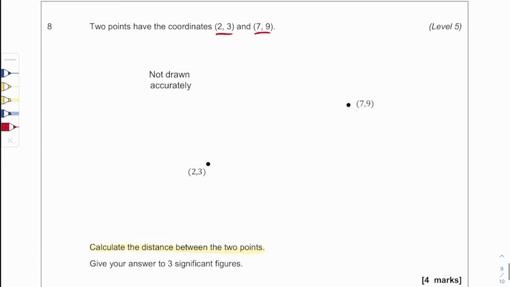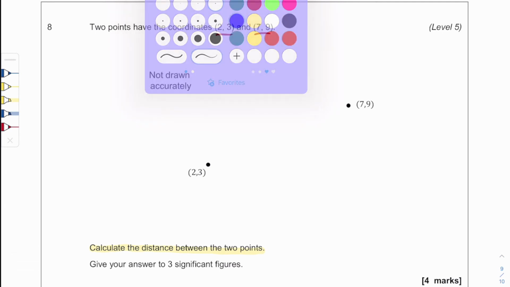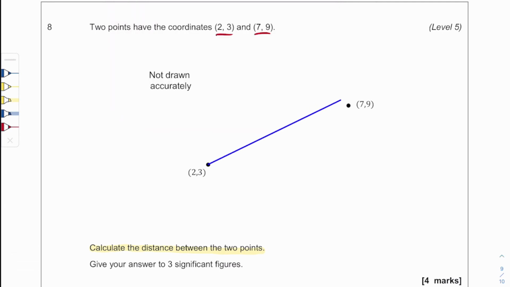Right, okay. So the distance that we need to calculate is the one between the 2 points, so we need to calculate that distance. Okay, so as we've got 2 coordinates, we need to remember with coordinates that we've got x and then we've got y. So our x value for this coordinate is 2, and for this one it's 7.